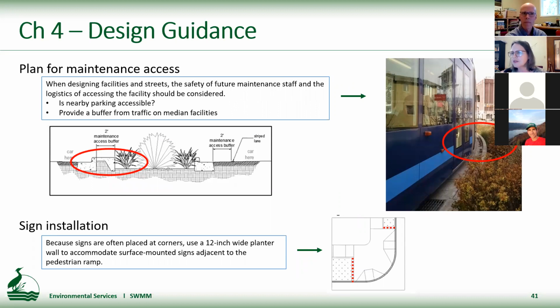And then one tiny little item that we snuck in is a requirement for when you're near the corner and you have a planter wall, to make the planter wall 12 inches wide to allow for sign installation on the wall, so we don't end up with signs in the facility, which can be a problem.